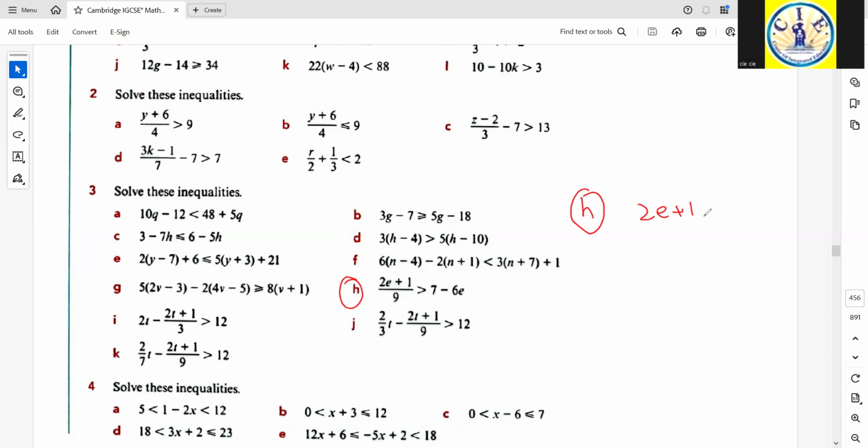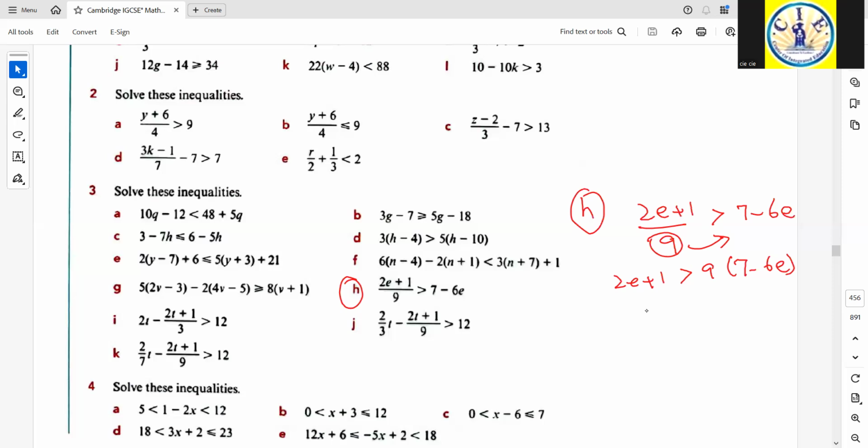2e plus 1 over 9, 7 minus 6e. 2e plus 1 would be the same. And on the right side, this is the multiplication of positive 9. When I shifted this positive 9 to the right side, there is no change of the direction of the inequality.